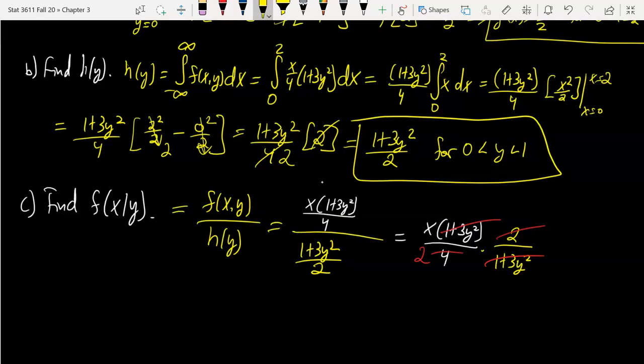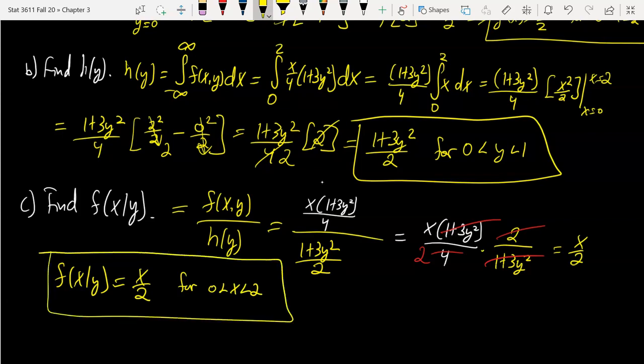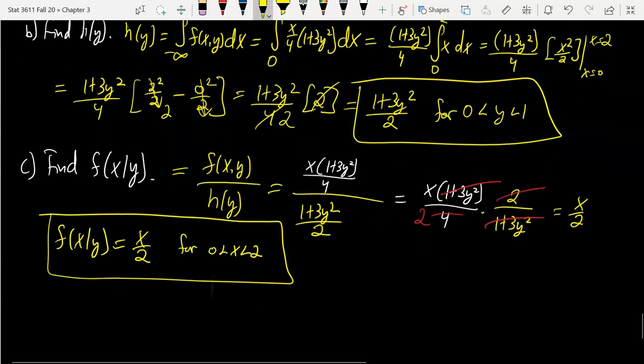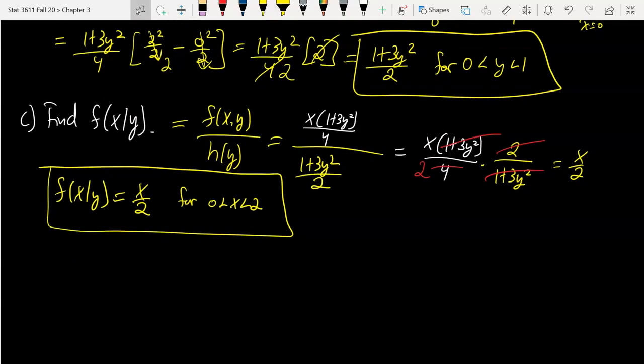X over 2. So f of x given y is equal to x over 2. It's a conditional distribution for x, and so this is going to carry down your x domain as well, which was between 0 and 2. There's the conditional density.